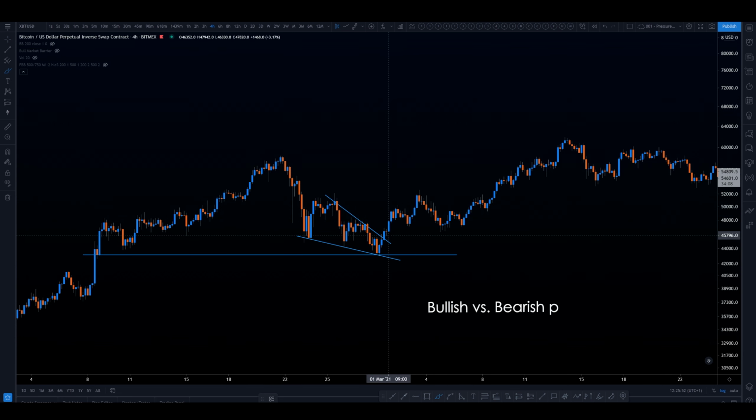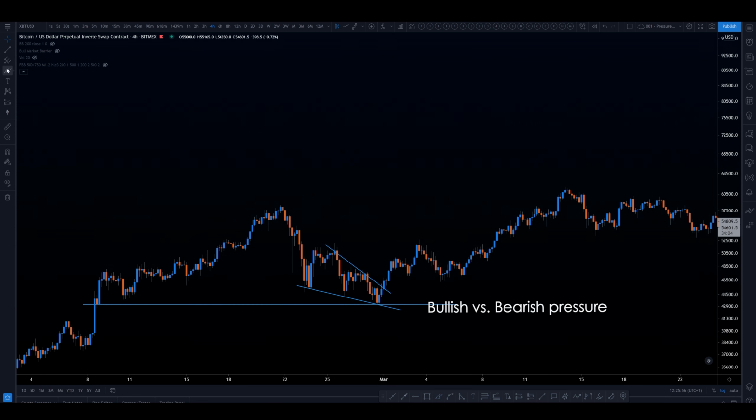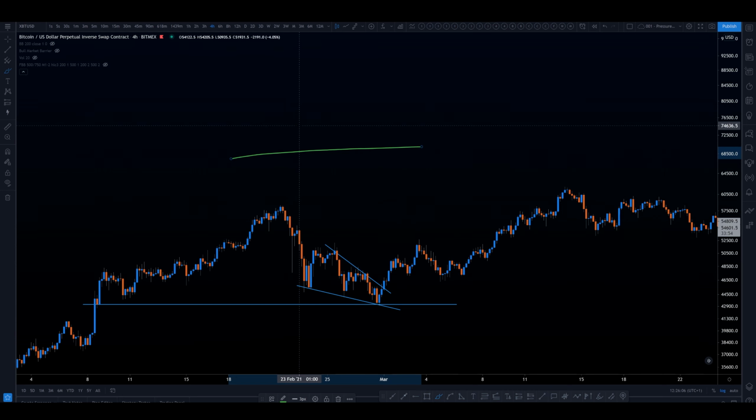Let's talk a little bit more about bearish and bullish pressure. What is pressure? Because we're talking about pressure zones, so we should probably talk about pressure as well. Imagine you have a support entity, you have a resistance entity. They are kind of converging. So you do have bullish pressure because bulls are buying the support.